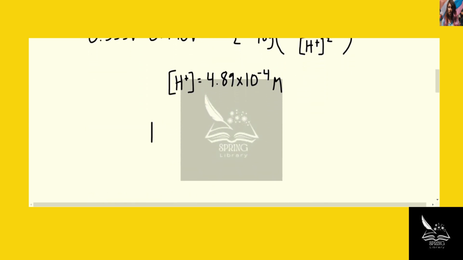So to find Ka, we just take that value of the concentration of H plus to be 4.89 times 10 to the -4th molar, and we square that value, and that comes out to about 2.39 times 10 to the -7 molar.